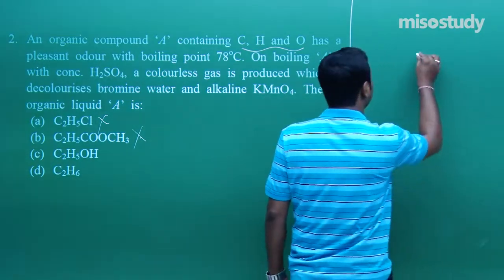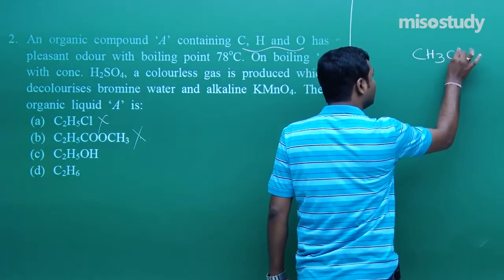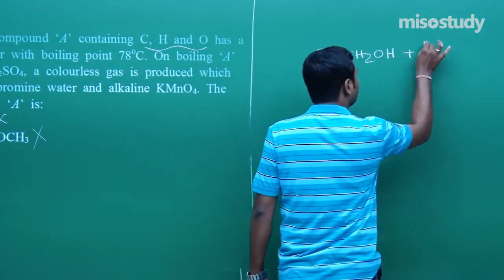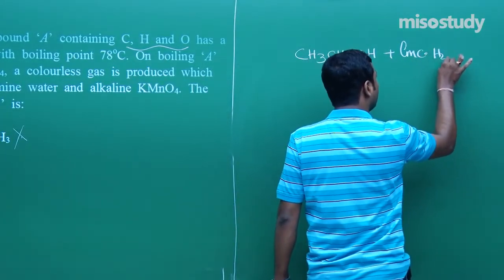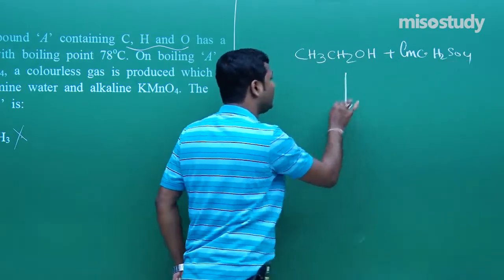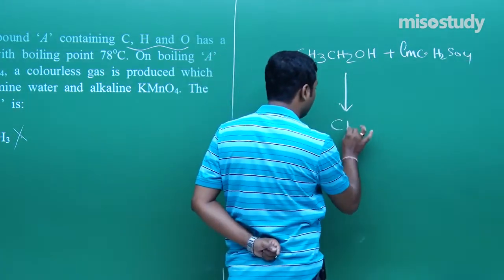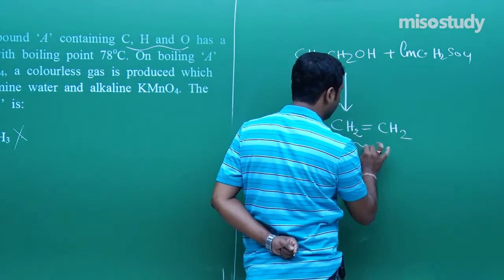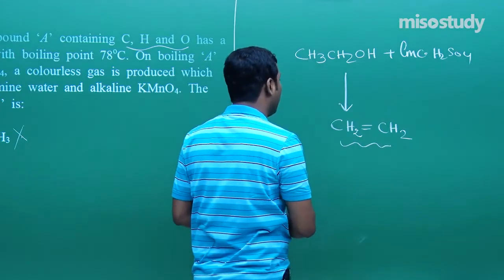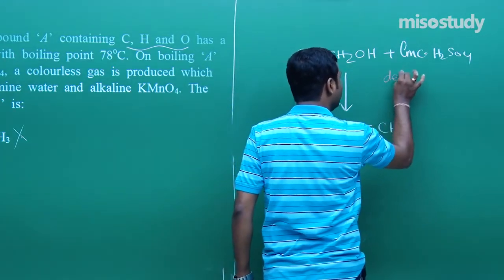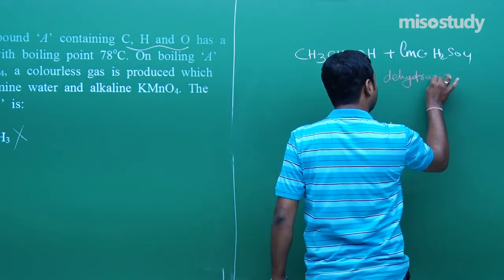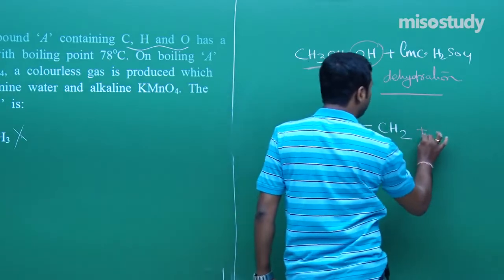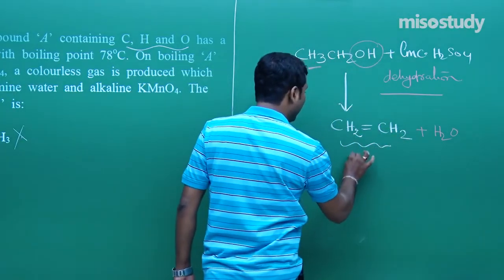Now if I write CH3CH2OH on treatment with concentrated H2SO4, what is the possibility here? There is a possibility of formation of a double bond, CH2=CH2. Clear to you? This process we know is dehydration, the removal of H2O: OH from here and H plus from here, forming an alkene.